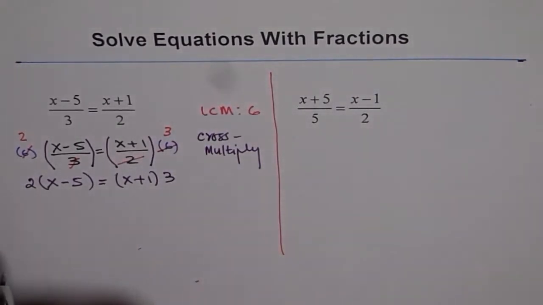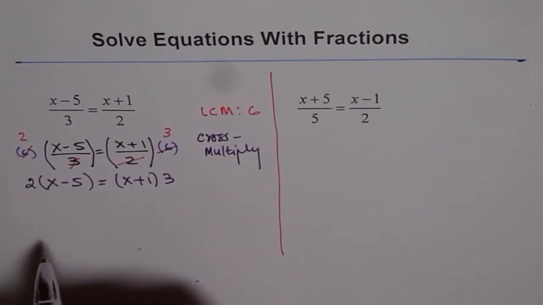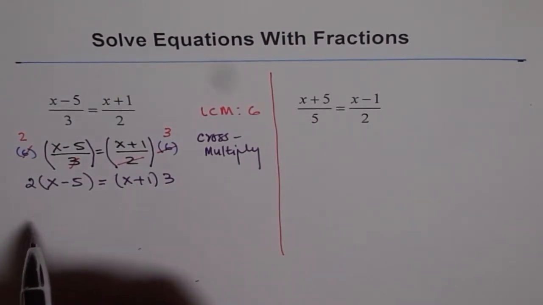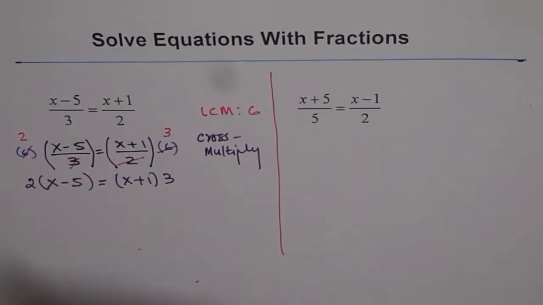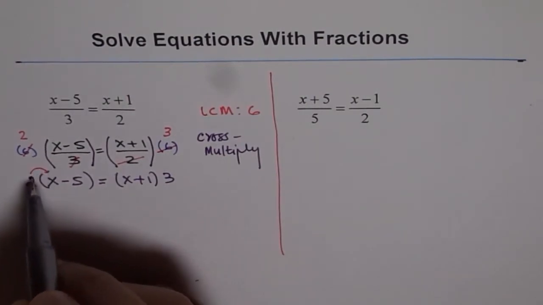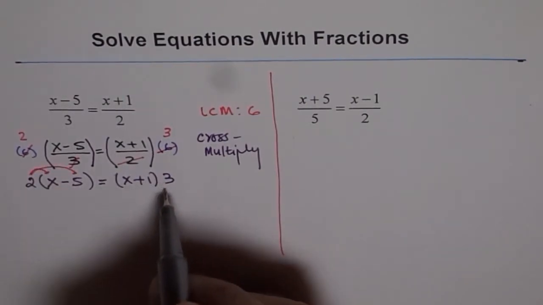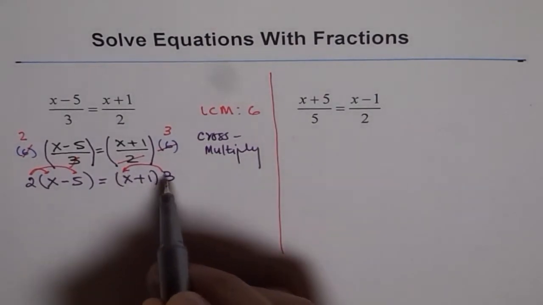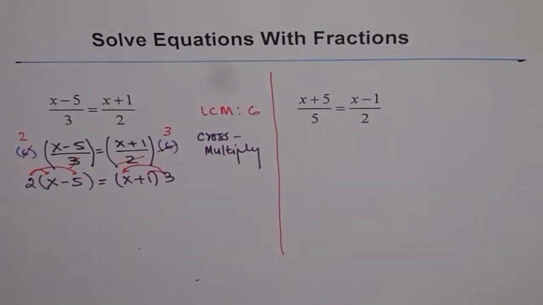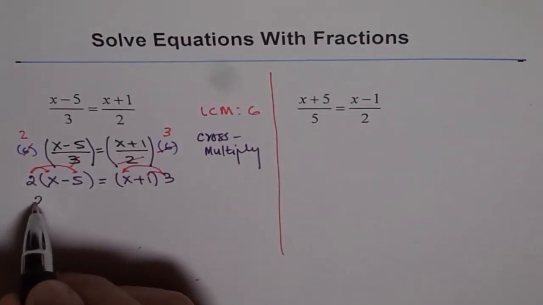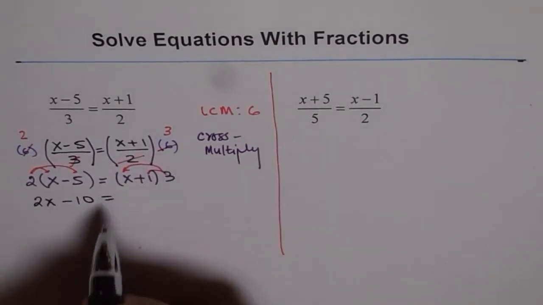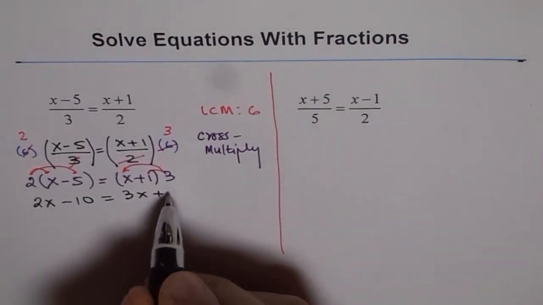Now let me expand. So expand by distributive property, right? So what I'm going to do is multiply 2 by x and by 5. Similarly here 3 by x and 1. So that results in 2x − 10 = 3x + 3.